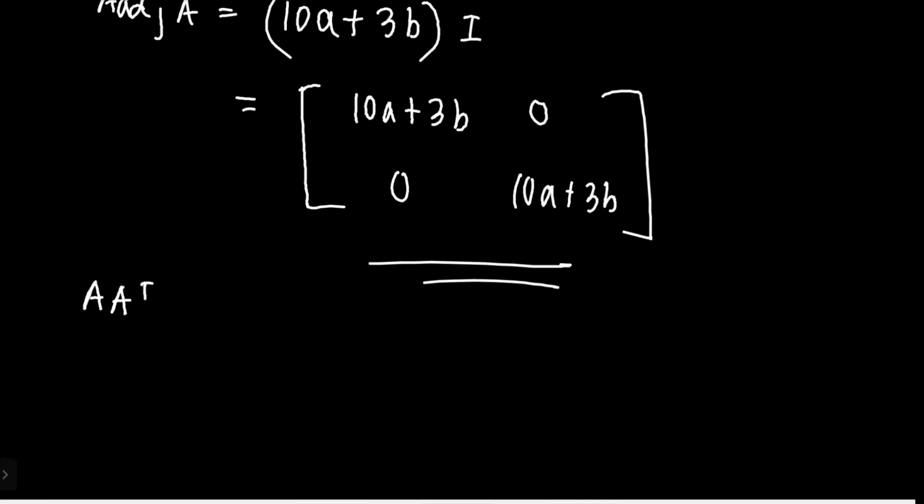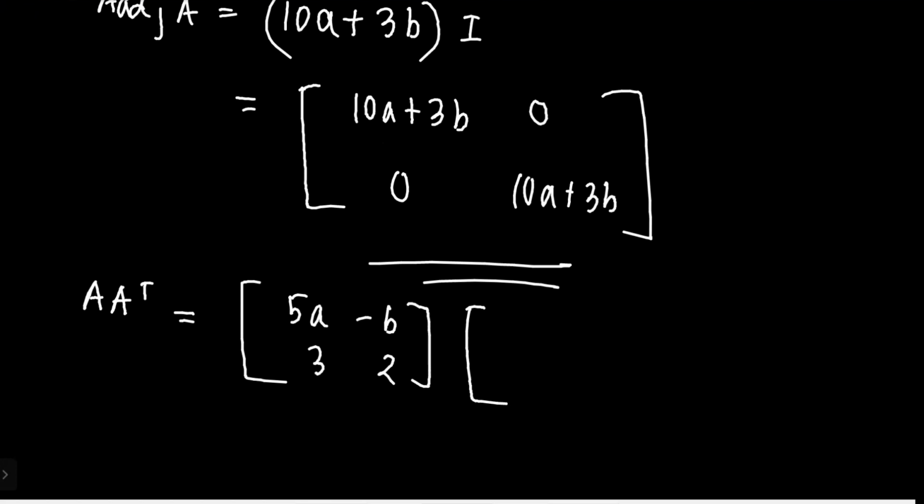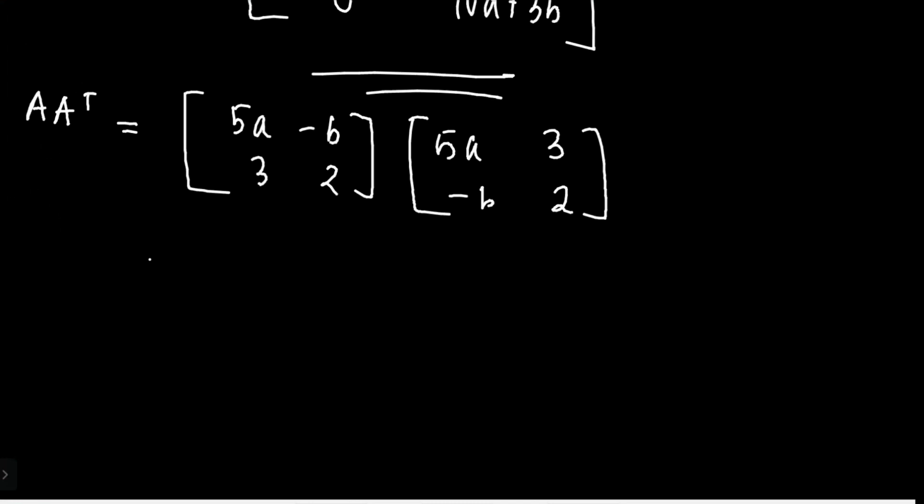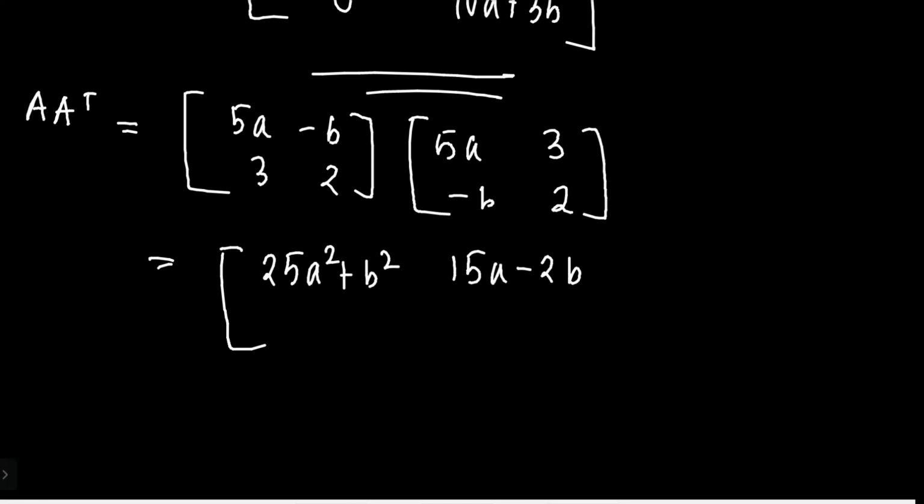A is 5A minus B, 3 and 2, and if we transpose this, the 2 remains the same and this will change, that is it will be 3 and minus B. Now if we multiply this, that is A into A transpose, we will get 25A square plus B square, 15A minus 2B, it is also 15A minus 2B, and it will be 9 plus 4.